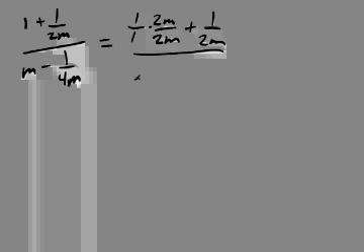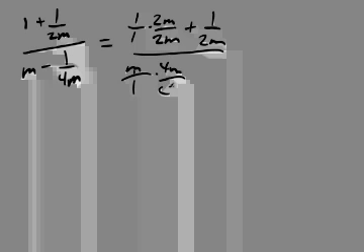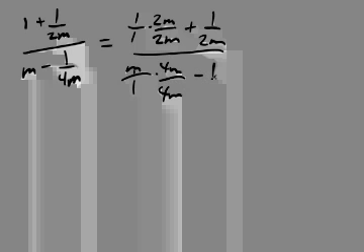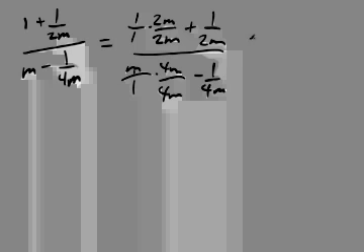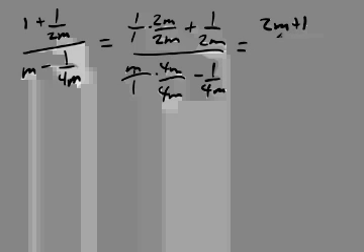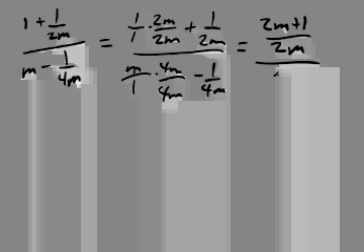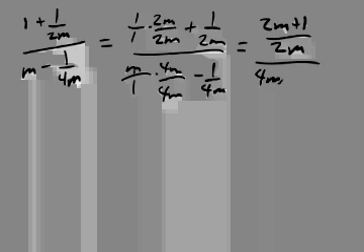It's all over m over 1 times 4m over 4m, minus 1 over 4m, which gives us 2m plus 1 over 2m divided by 4m squared minus 1 over 4m.